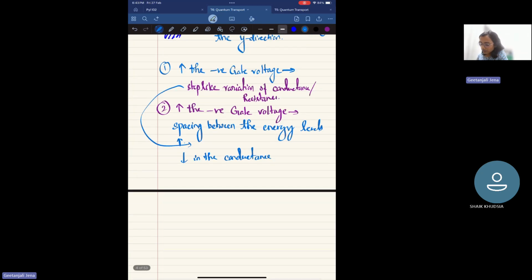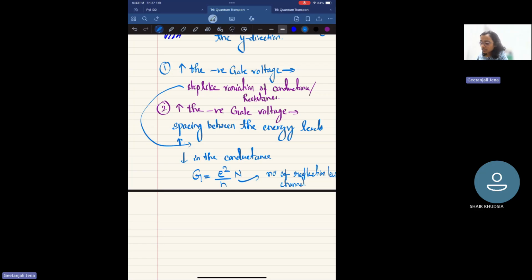And the expression for conductance and resistance is similar to what we have seen in the quantum Hall effect. Without any degeneracy, we can write the conductance as e squared by h into N, where N is the number of reflectionless channels. If you recall, in the quantum Hall effect, this is the number of Landau levels. Here, we have the number of modes or reflectionless channels.